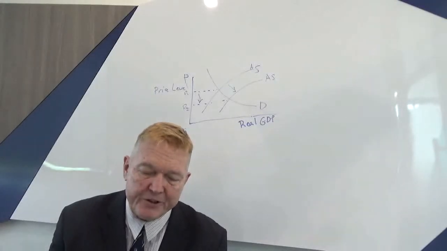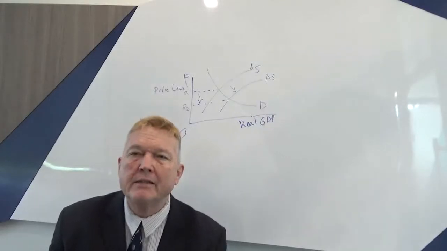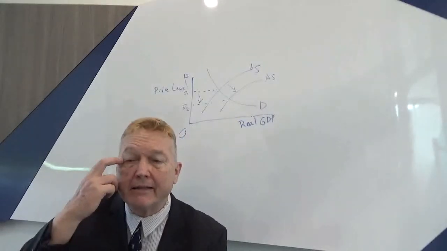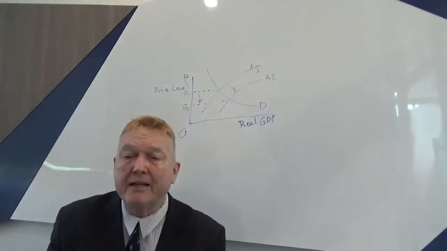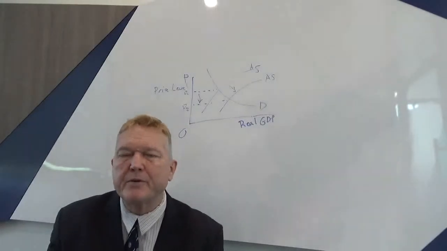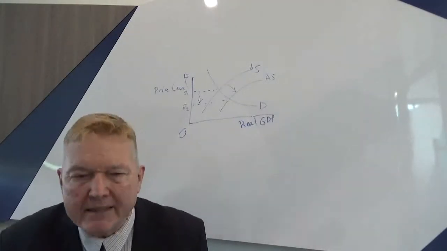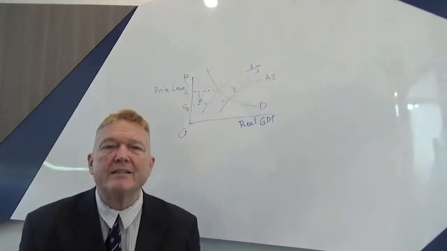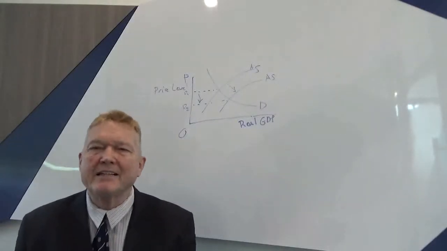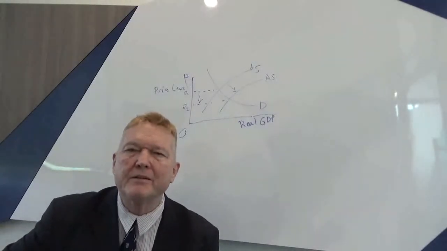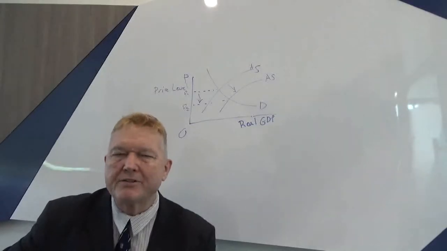So the definition is a sustained rise in the general price level, okay? And clearly this is important because a lot of people feel that if the price of hamburgers goes up, this is an example of inflation, and it's not, okay? That is an example of prices going up for hamburgers at a particular restaurant.